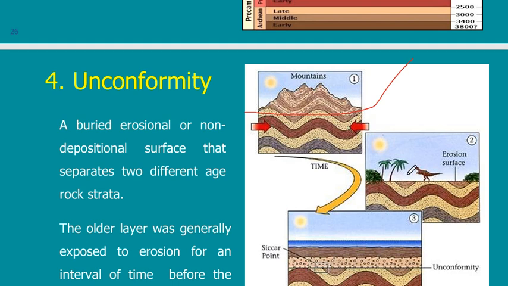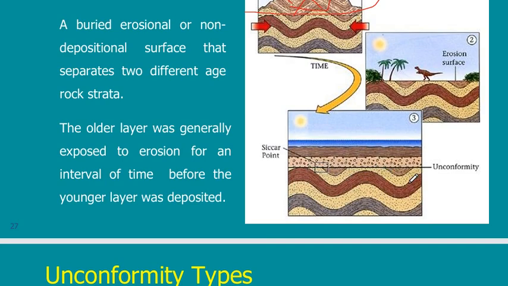Then other layers started to come on top. This layer is a new layer, formed after the erosion and removal of these layers. So these layers are missing, and in their place I have new layers. These new layers may be horizontal, and the older layers were not horizontal, so you will see an unconformity line.